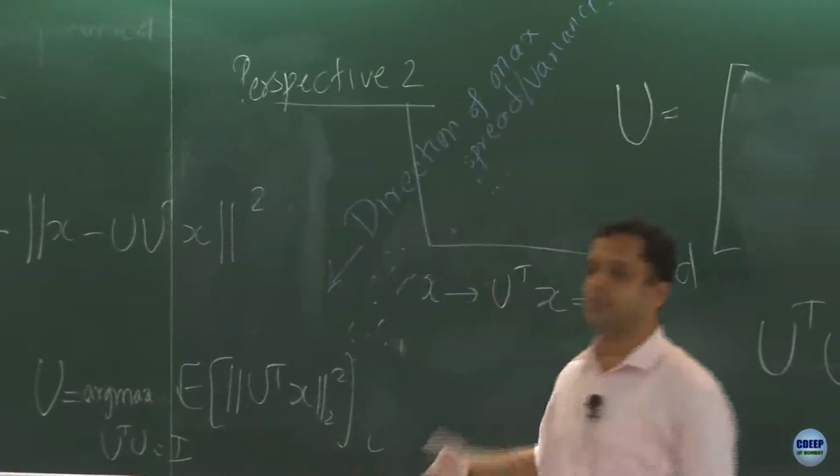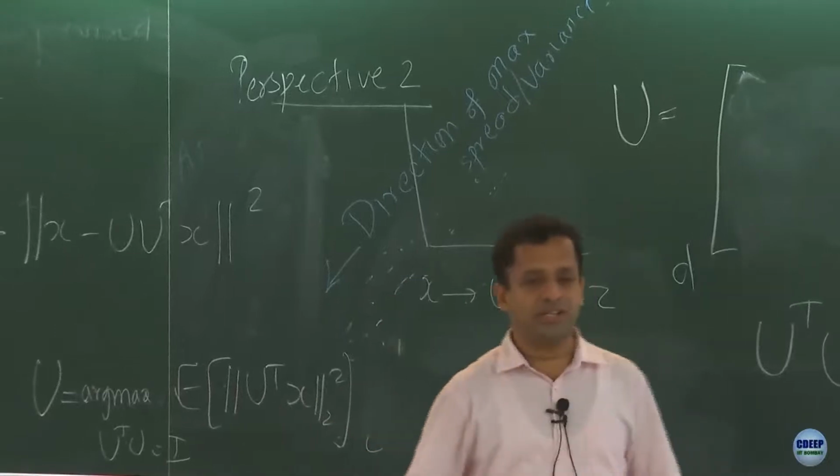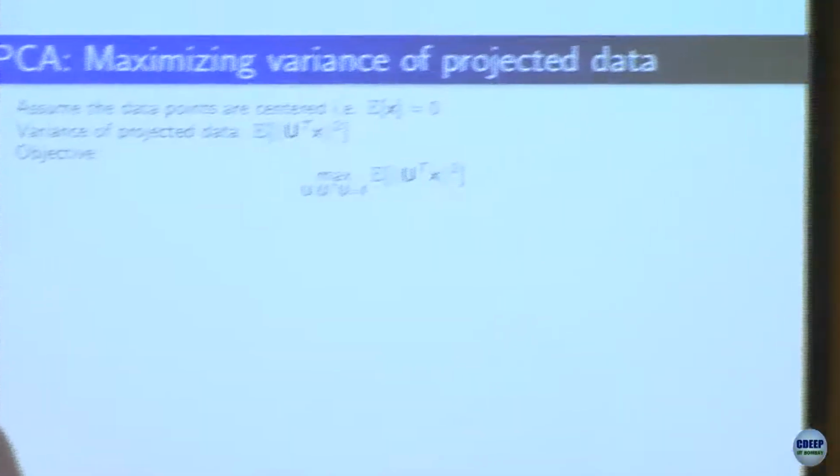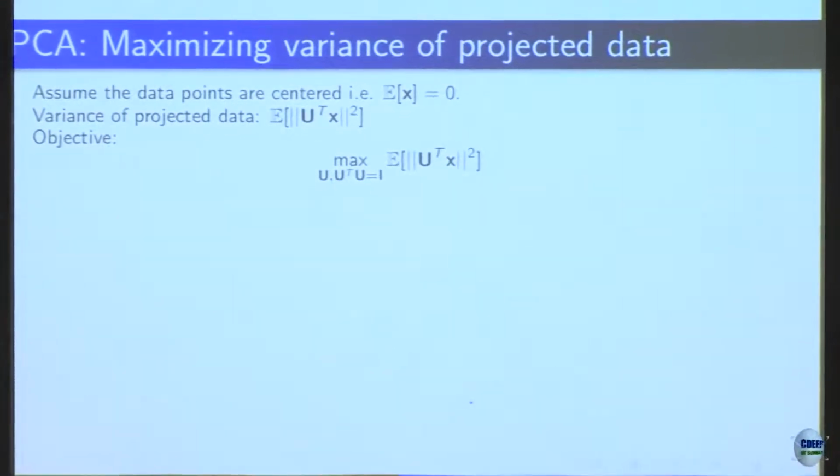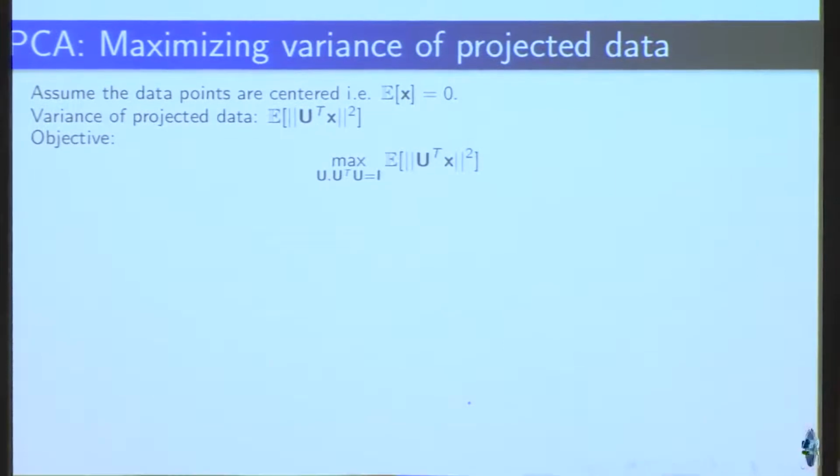So find the direction of maximum variance, then the direction of next maximum spread, and so on. Okay, so this becomes the objective: max over U, with U transpose U equals I, of the expected value of the norm square of U transpose x. Okay, is this more intuitive in terms of U? U starts making some sense now.